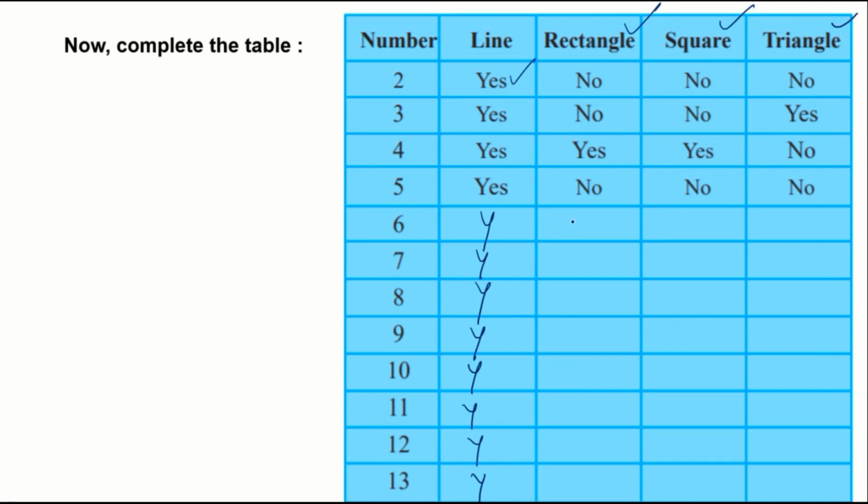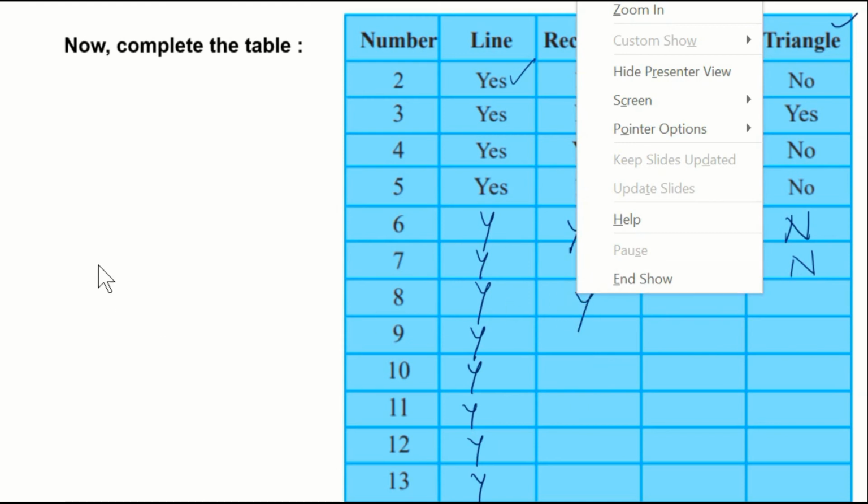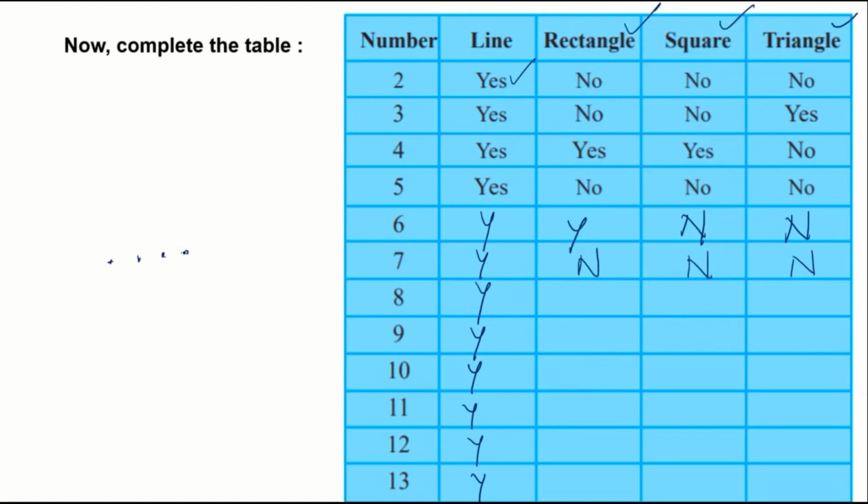Now, 6 can be arranged as a rectangle. 6 cannot be arranged as a square. 6 cannot be arranged as a triangle. 7 cannot be arranged as a rectangle, a square, or a triangle. 8 can be arranged as a rectangle.